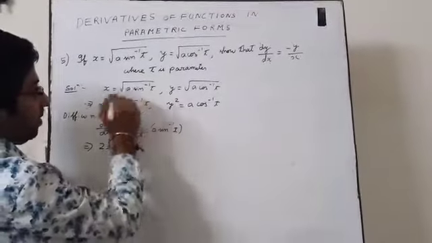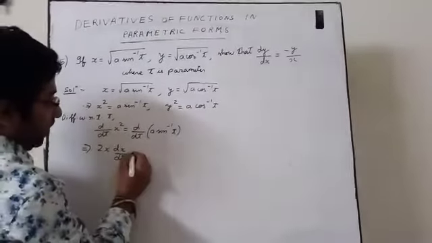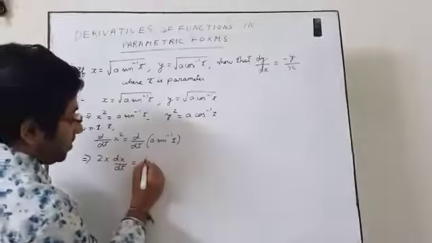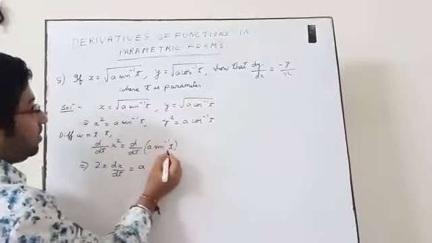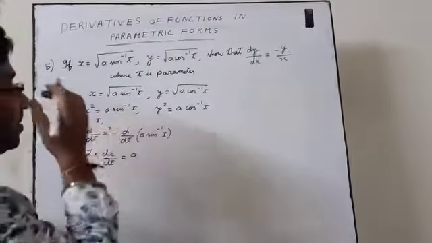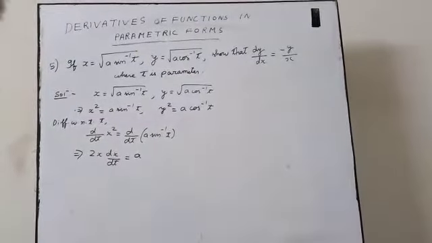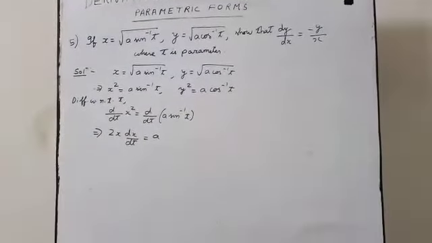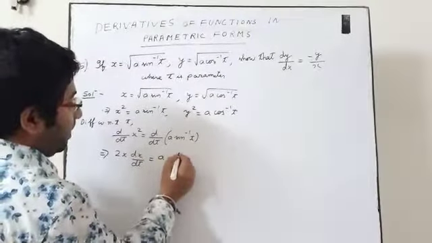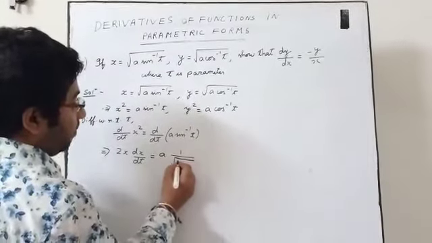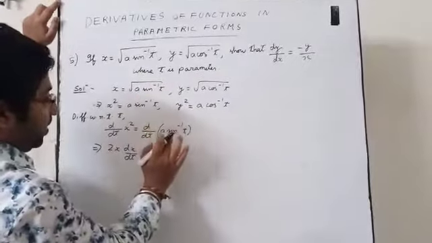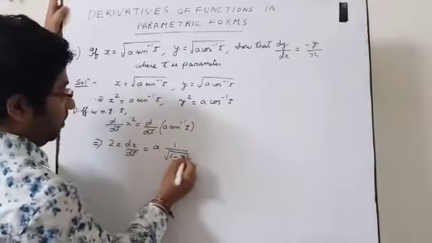So this will be how much? d by dt of a sin inverse t. d by dt of a is constant. What is d by dt of sin inverse t? 1 by root over 1 minus t square.